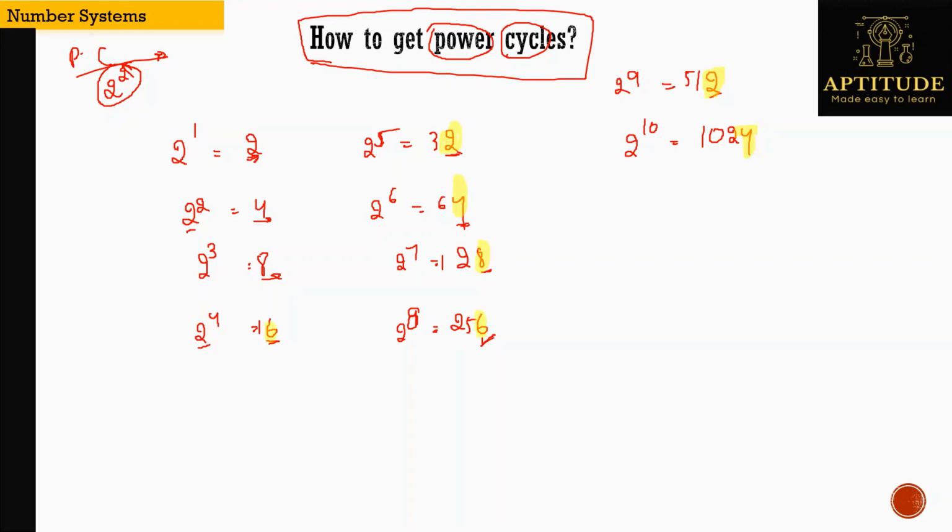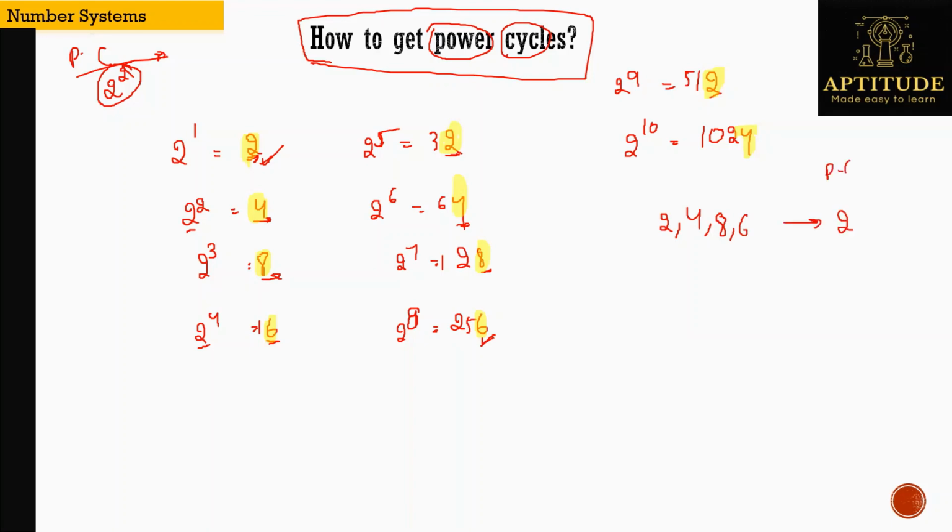Most of you can understand what a power cycle is with this. See this, if you observe, my unit digits are repeating: 2, 4, 8, 6. Once again, I'll get 2, 4, 8, 6. So I can say my powers will always end with 2, 4, 8, 6 for powers of 2.